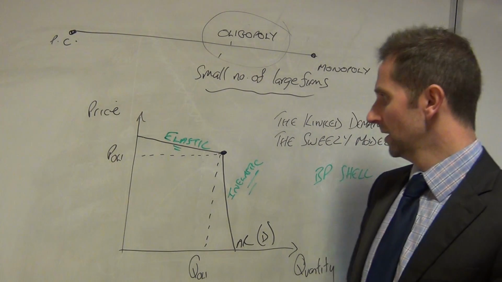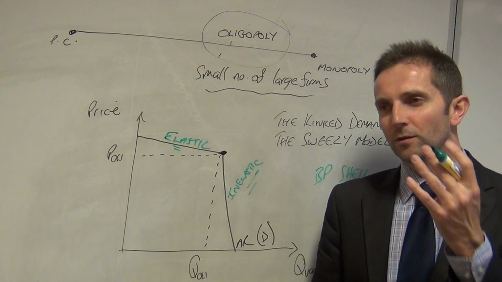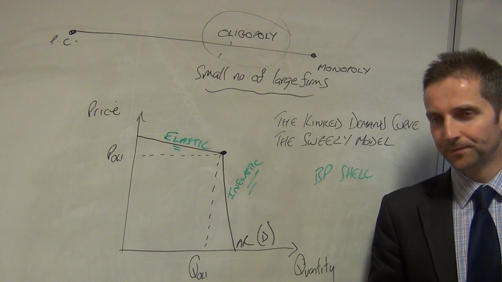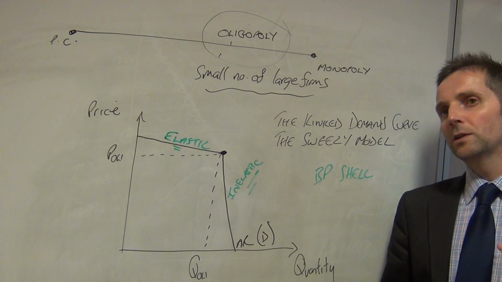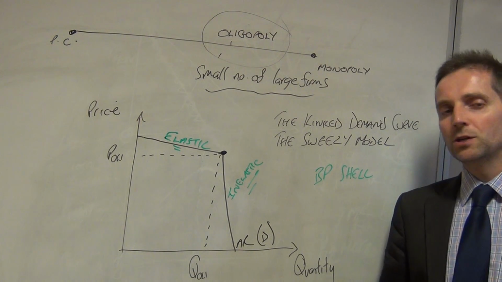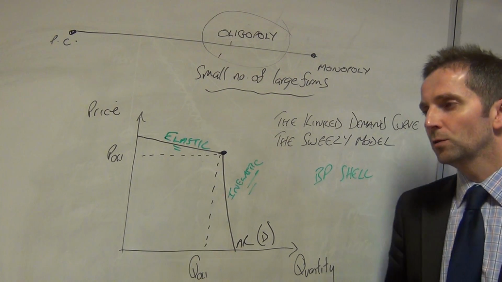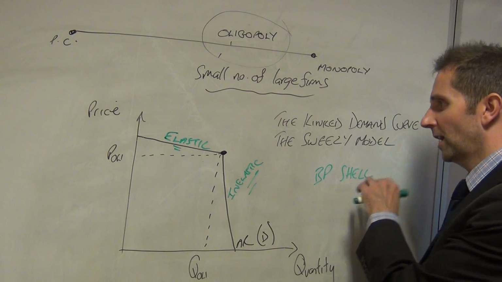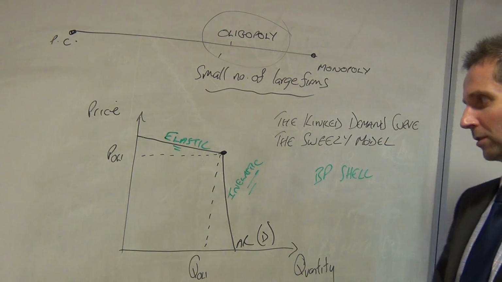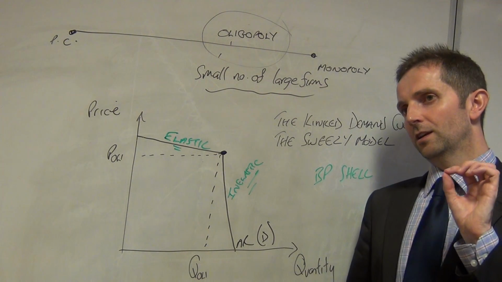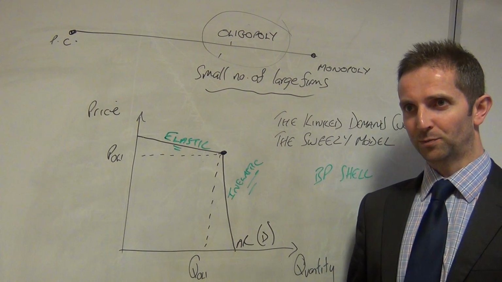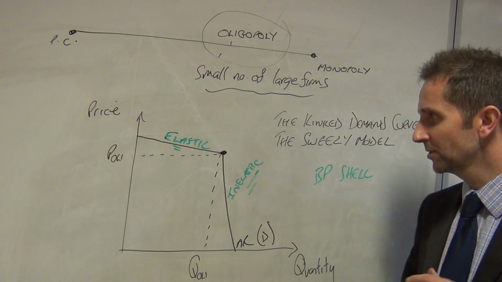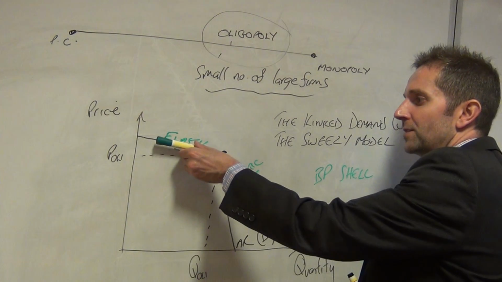If you're BP and you think, let's try and make a little bit more revenue here, let's increase our price, what will happen is that you will increase your price, but no one else will increase theirs. So you lose all your customers, and the likes of Shell gain all of your customers. Because the customer is so sensitive to price changes, especially with petrol, where everyone shops around for the cheapest price, the curve is very elastic.